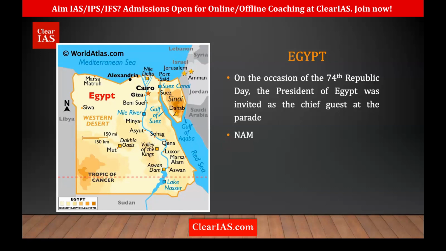When there was a Cold War going on between the USSR and the US, India, Egypt and a few other countries decided not to join either of the blocs. So that formed the Non-Alignment Movement. Egypt was a pioneer in that, and from India we had our Prime Minister Jawaharlal Nehru of those times, and from Egypt there was Nasser.